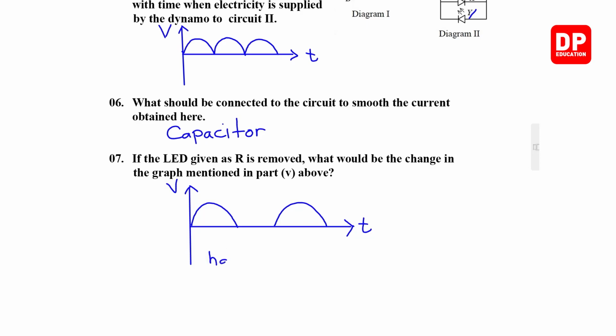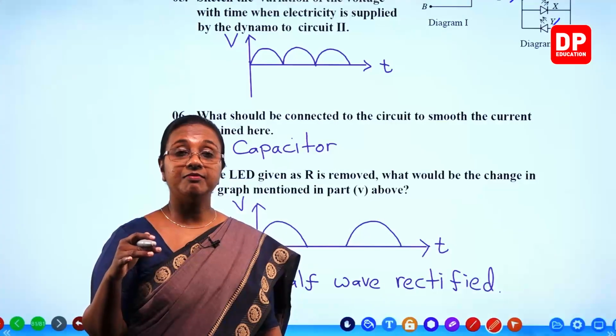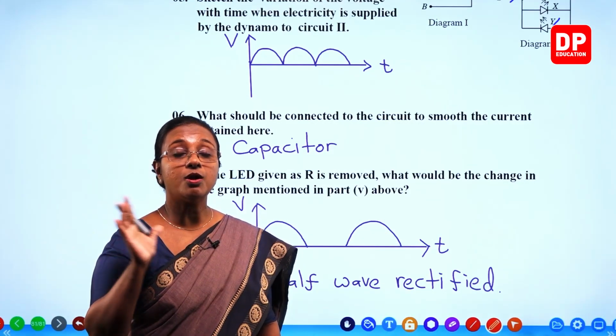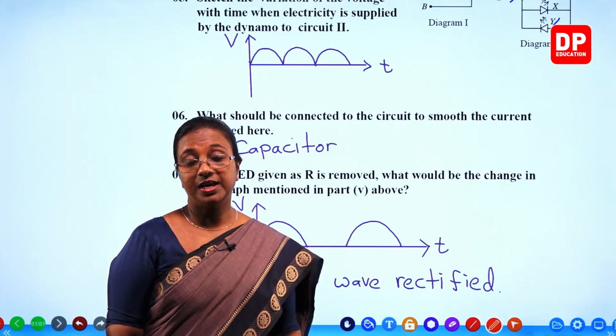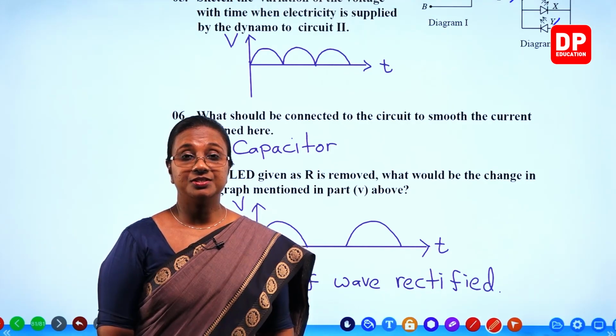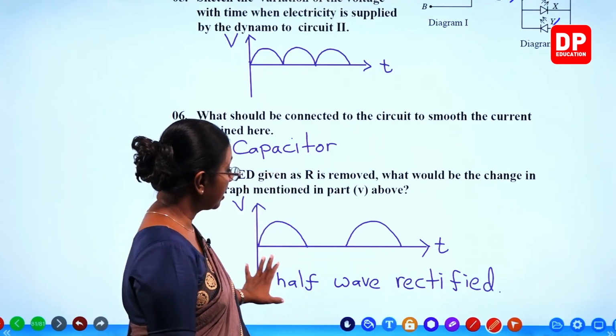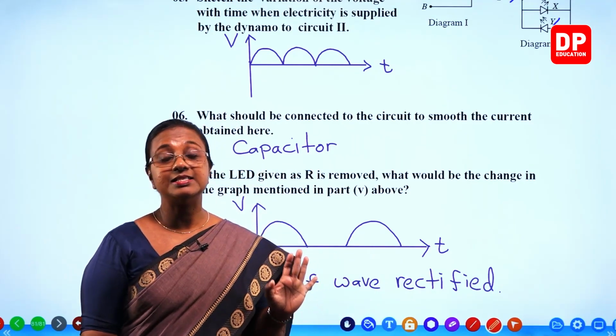This becomes a half wave rectifier. Because R is not there, half of the negative cycle of the wave, the current will not be rectified. So it will become only half wave rectification. Is that clear, students? So those are the questions in this lesson.